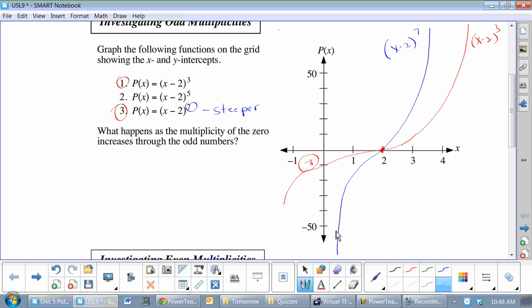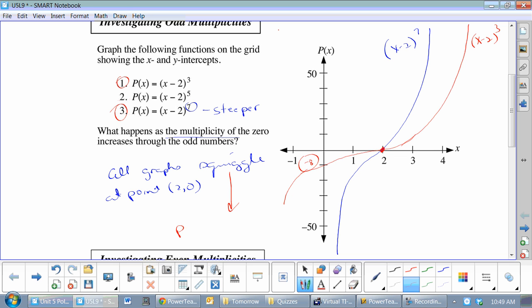Now it says what happens to the multiplicity of 0 through the odd as the number increases. We said the steepness will increase, but we do want to say that all graphs squiggle at point 2, 0. Now what is the technical name for squiggle?